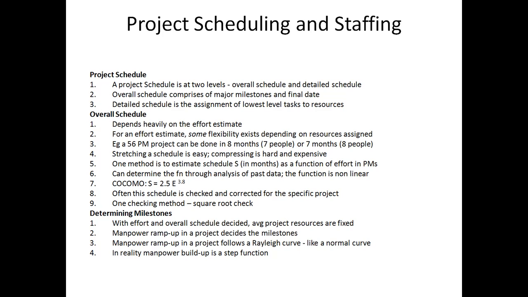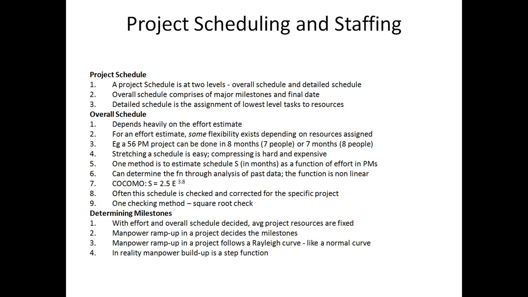At each level of refinement, the project manager determines the effort for the overall task from the detailed schedule and checks it against the effort estimates. If this detailed schedule is not consistent with the overall schedule and effort estimates, the detailed schedule must be changed.